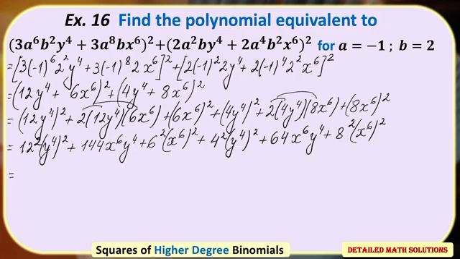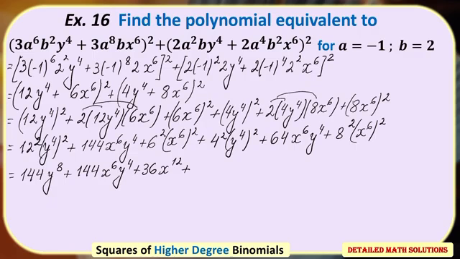When I simplify further, I get 12 squared is 144 y to the 8th power, plus I simply need to rewrite the next term, 144 x to the 6th power y to the 4th power, plus 36 x to the 12th power, plus next term 4 squared, 16 y to the 8th power.